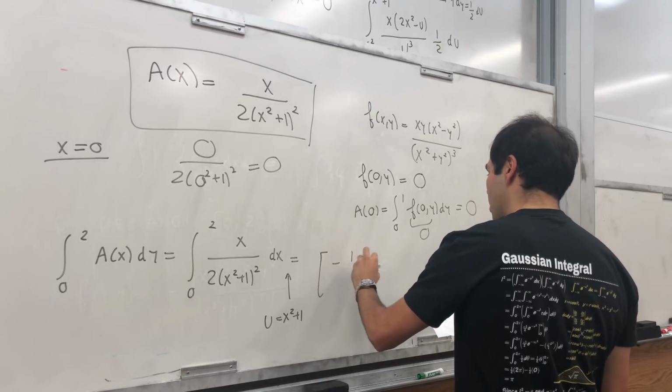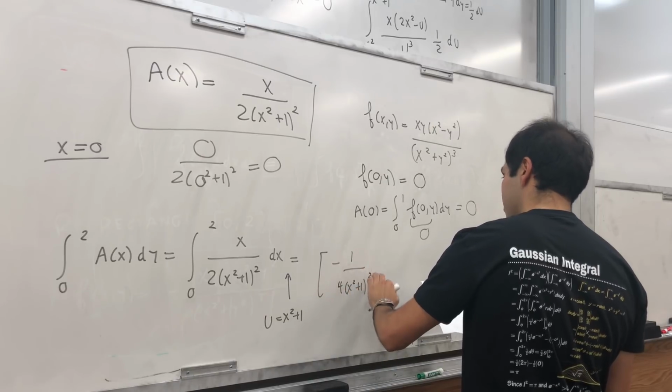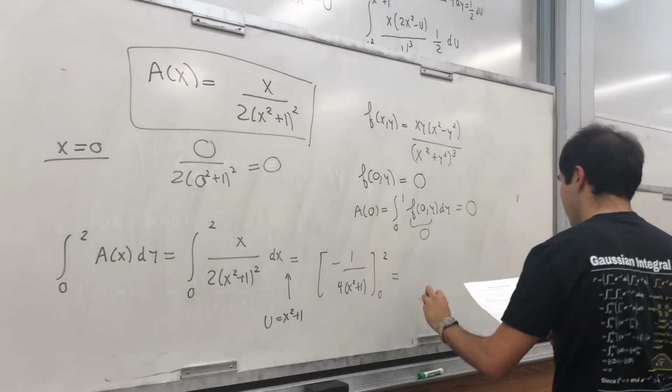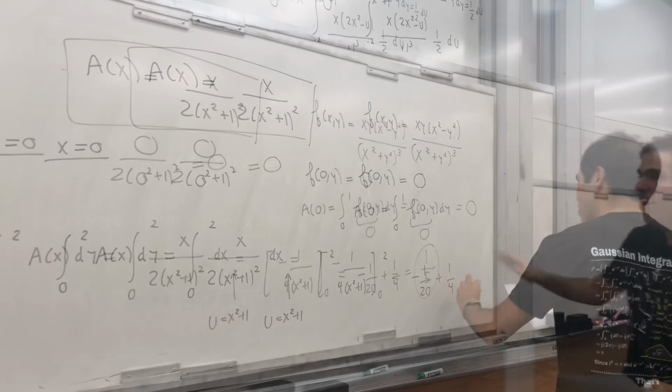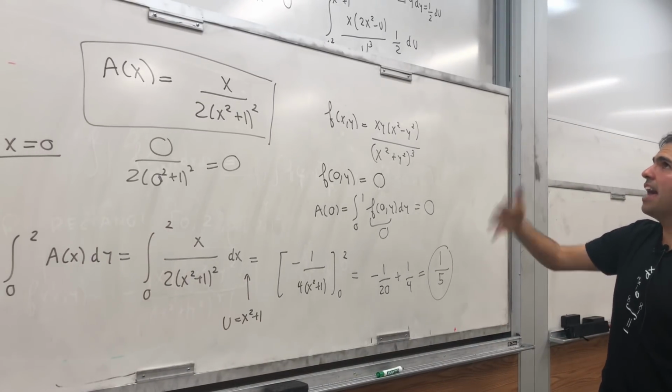It's minus 1 over 4 times (x squared plus 1), from 0 to 2, and that becomes minus 1 over 20 plus 1 over 4.